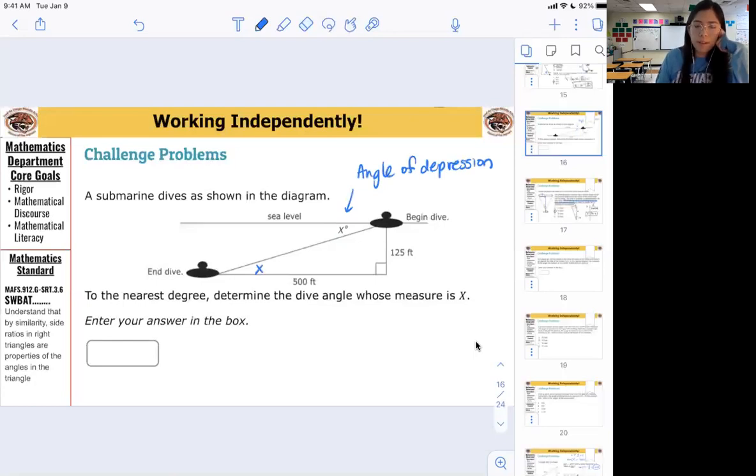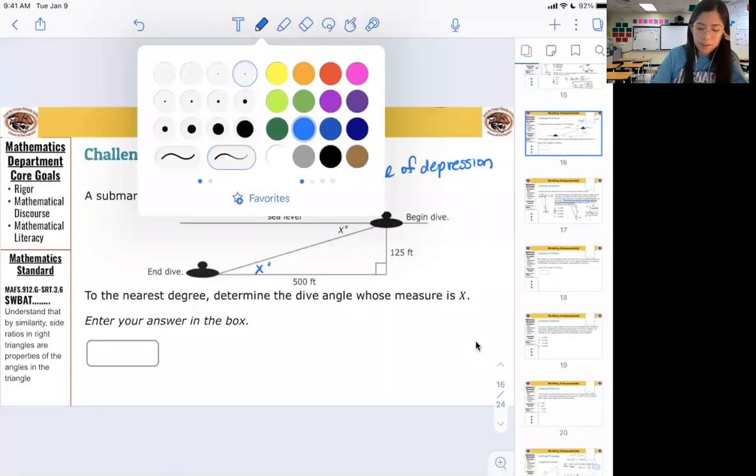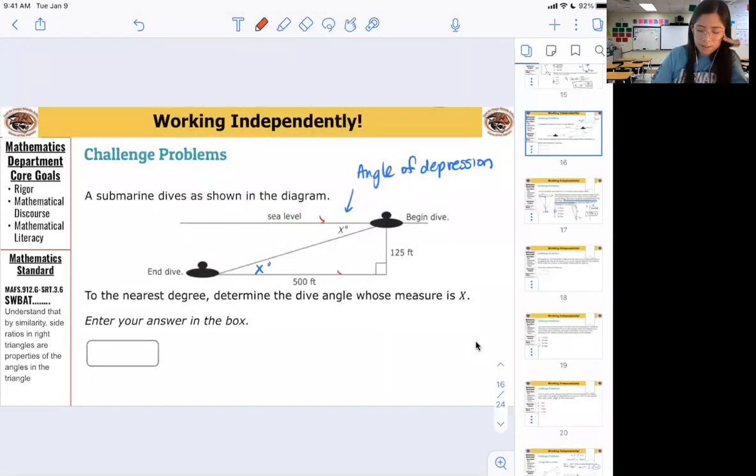Those are both going to be the same because you have parallel lines. So what are those two angles to one another? Alternate interior. Yep, they're alternate interior angles, so they're congruent. They're the same. So now that I know that, I can set this up.